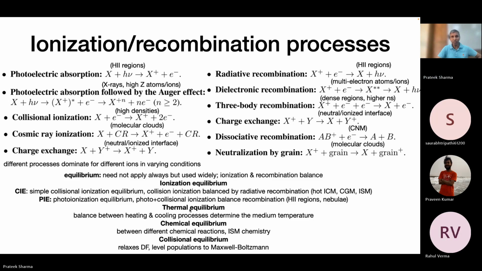Similarly, you have cooling. Collisions can excite lines of, say, oxygen or nitrogen, which have transition energies which are less than 13.6 eV. So those excited states will radiatively decay and produce a photon which can leave the H2 region because its energy is less than 13.6 eV. Or you can have free emission.